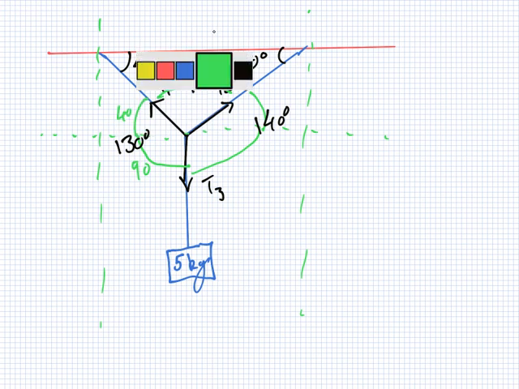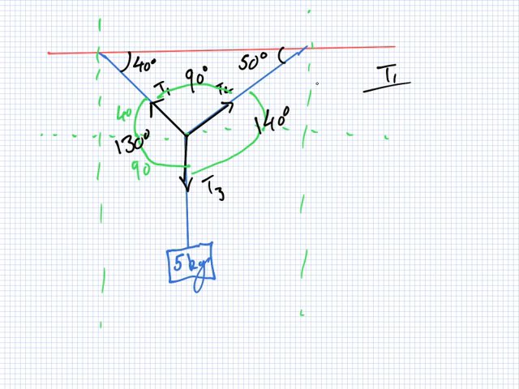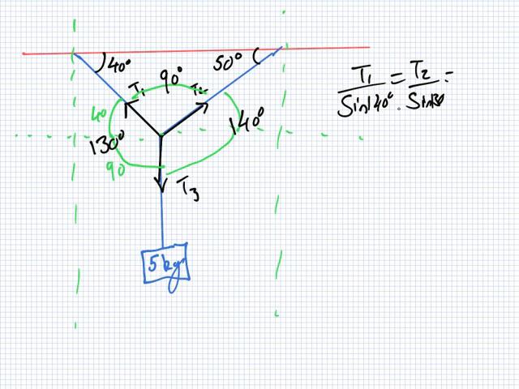So Lami said that if you take this force here and divide it by the sine of the angle on the other side of it, which is 140, that should equal the other force, T2, over sine 130. And that should equal T3 over sine 90. Now, we actually know T3, because T3 is the weight, 5g.